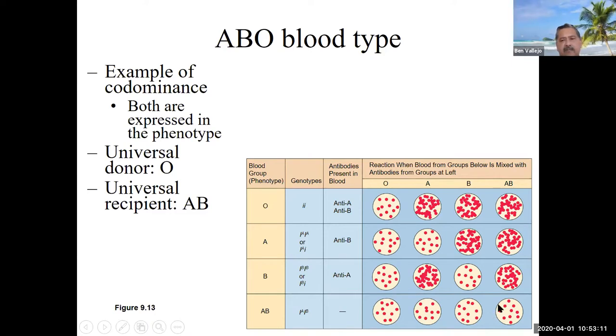You can see there's no clumping going that way. And a person with O-type blood can give to anyone, called a universal donor, and their blood can be received safely from any type. O can give to any other blood type without the risk of clotting. So that's what you see in this diagram. That's just a review of something we saw last time, but I know it's on the quiz.